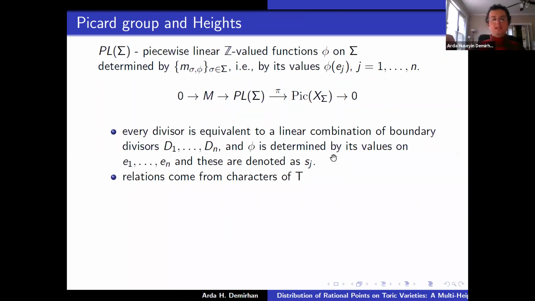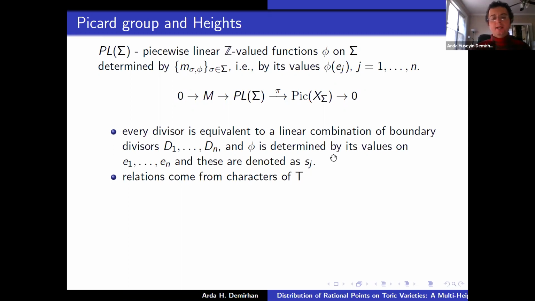Before getting into heights in the setting with metrization, let me state an important correspondence between Sigma piecewise linear integral functions on N_R and the group of T-linearized line bundles on the toric variety.